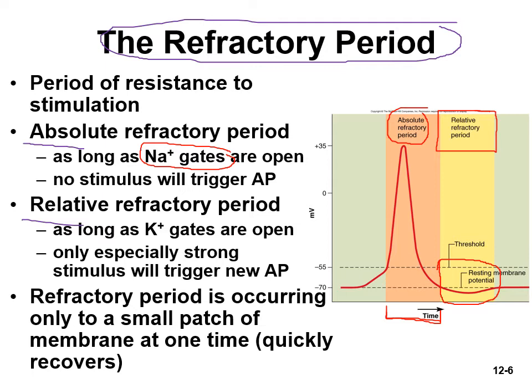In order to do that, we're going to have to force the potassium channels to close so that the sodium channels will open up and we can increase our membrane voltage. In order to do that, we're going to need a really strong stimulus. A really strong stimulus will be the only way that we can cause a reaction during the relative refractory period.